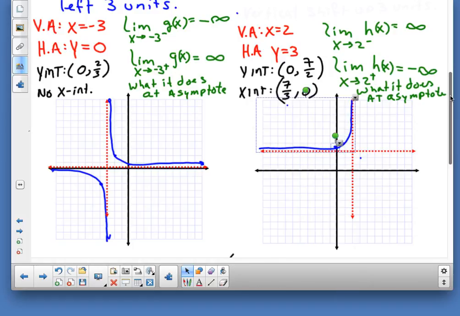Let's pretend it doesn't have the bumpy road. The other side of my graph does this portion and comes through here, roughly, as I graph my function. Are you okay with this picture? And all the information I can find, all the things I can label, help me find my graph without a calculator.